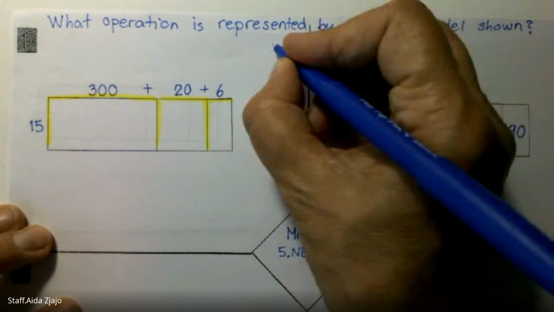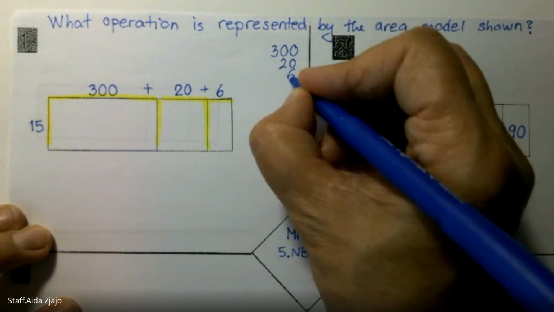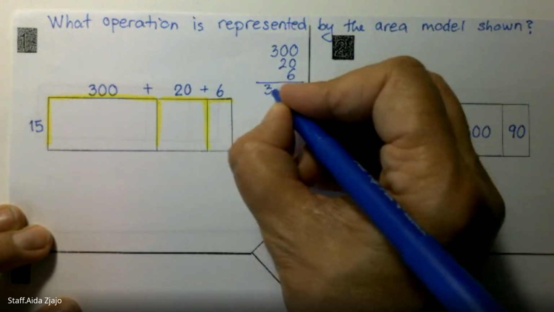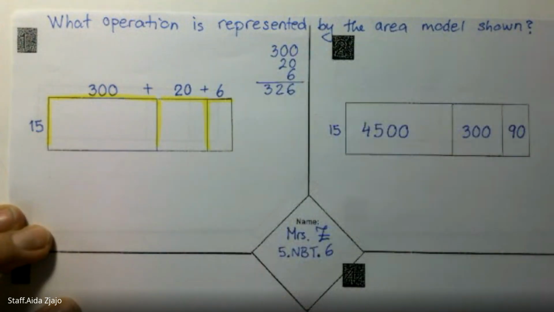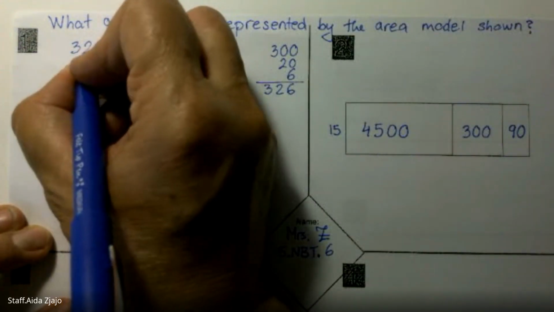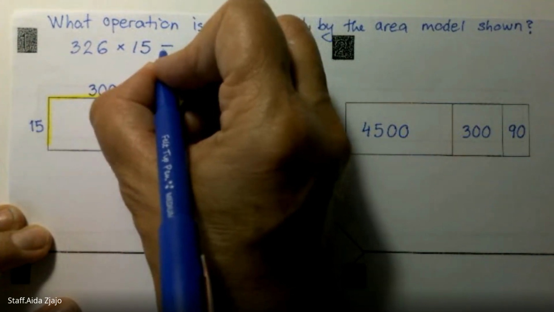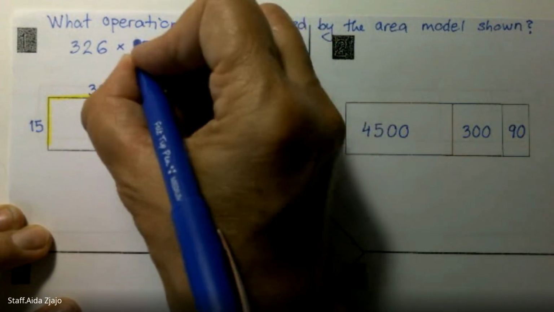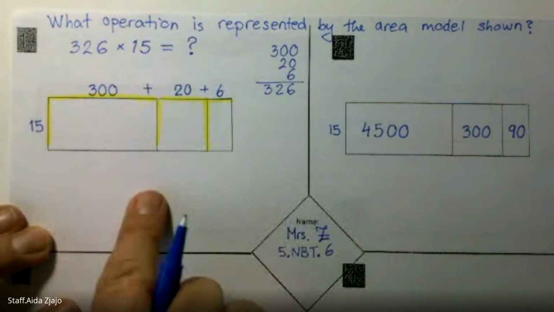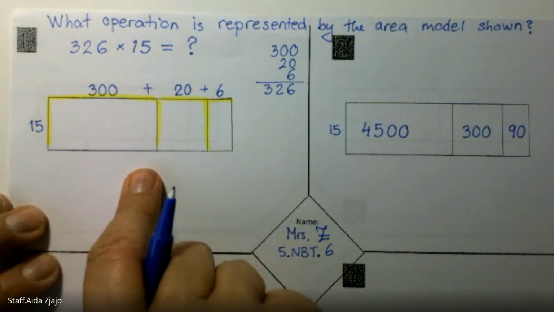So 300 plus 20 plus 6 makes 326. So your problem is, we can say, 326 times 15 is question mark, or we can say 15 times 326. It will give us the same answer.